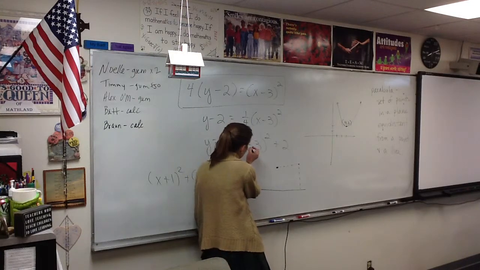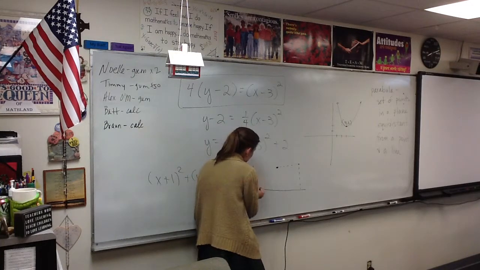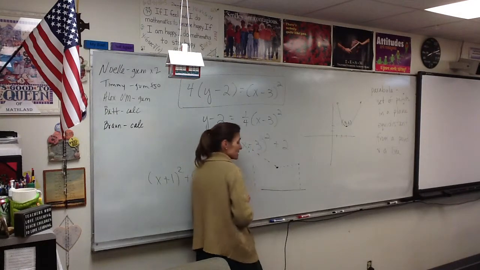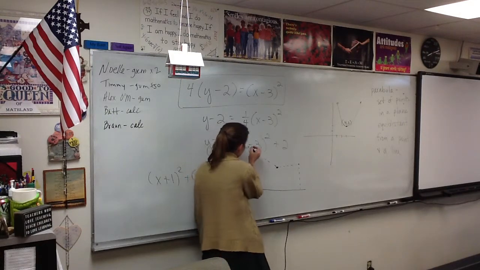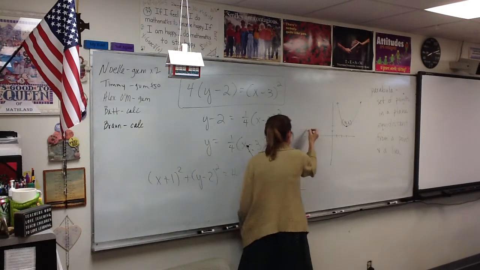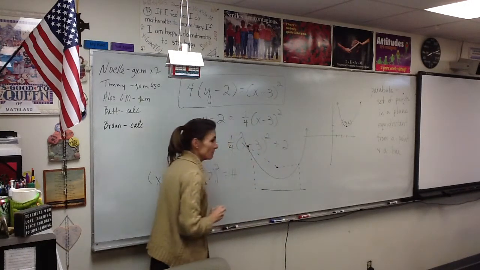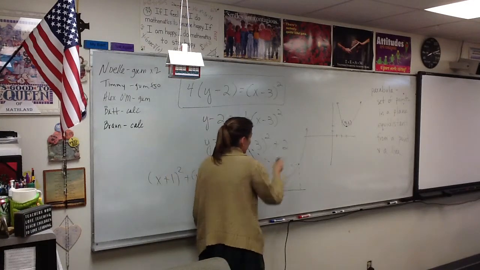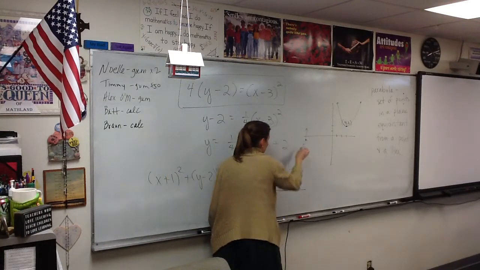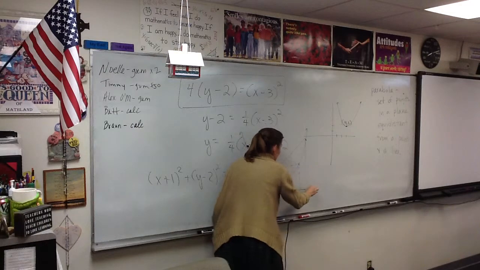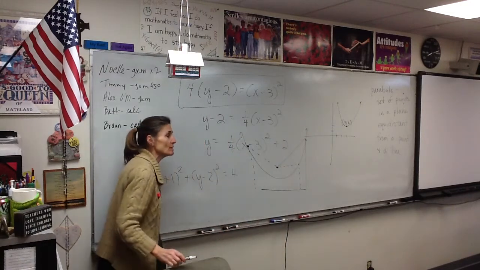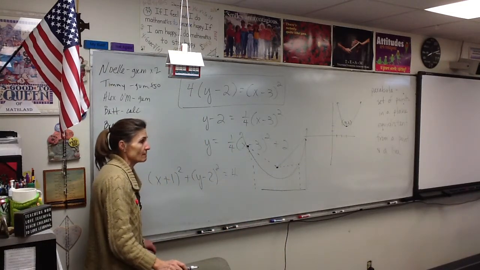And if we picked this point right here, that distance and that distance would be the same. If you took all these possible points and put them together, the shape you would get would be a parabola. All of the points on the parabola, like this one right here, that distance and that distance are the same. It's equidistant from a point and a line.